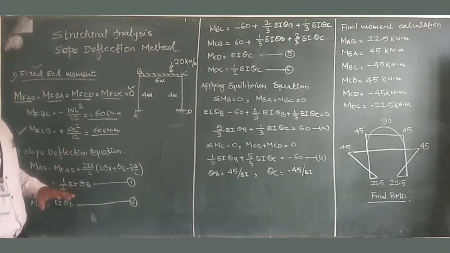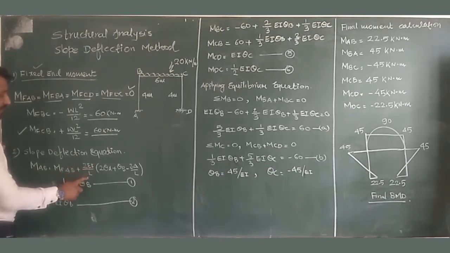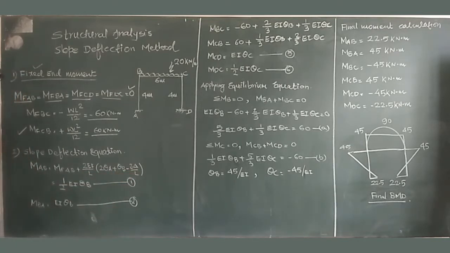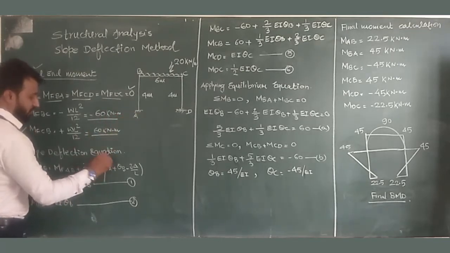After calculation of the fixed end moments, we will move towards the second step, that is the slope deflection equation. We know the slope deflection equation as fixed end moment AB plus 2EI by L into 2 theta A plus theta B minus 3 delta by L. In this case, A support is fixed, so theta A will be 0.